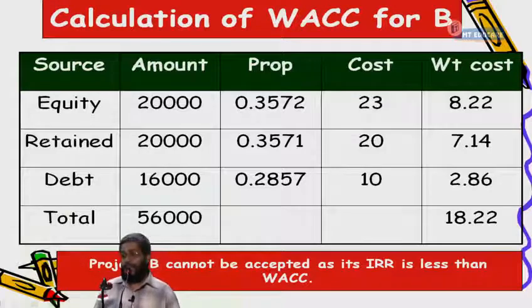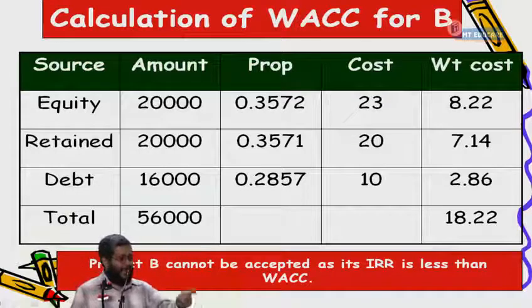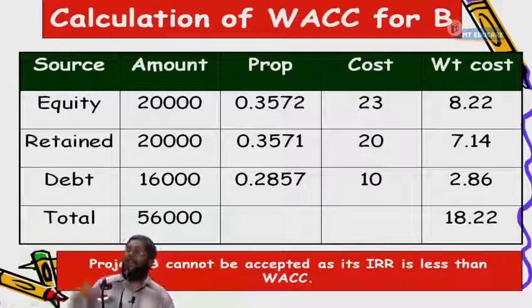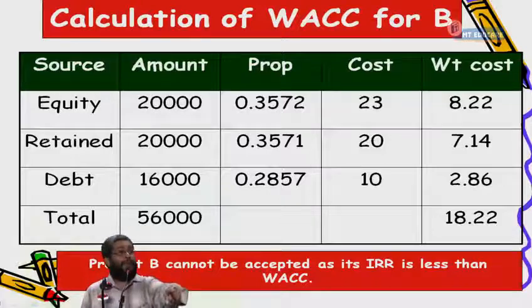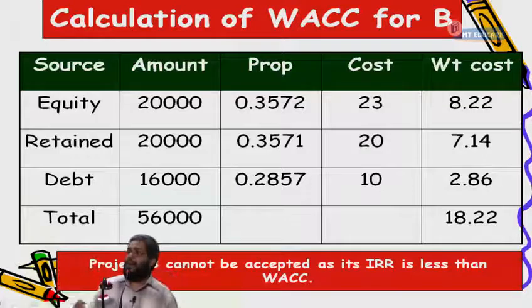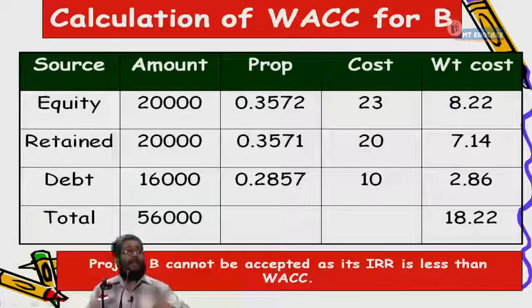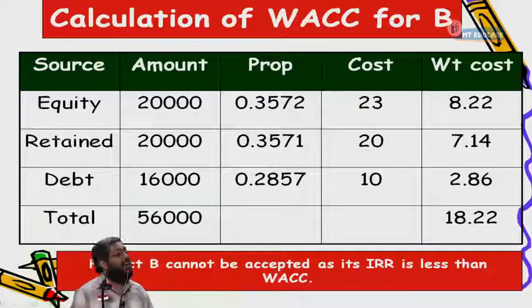Your cost of capital is 14%, but you are investing at 2%. The IRR is 2%. NPV will become negative. The money value will reduce. Today it is 20,000, but when invested back at 2%, the NPV will be negative, and the money is less than 20,000. Are you following?